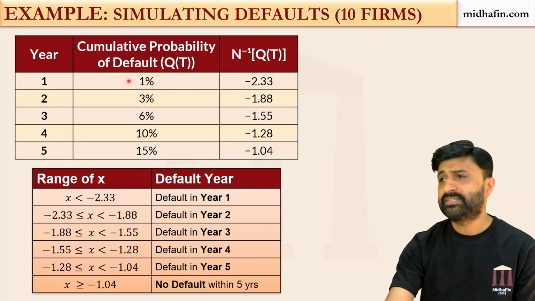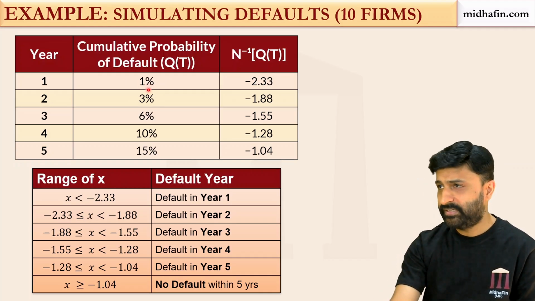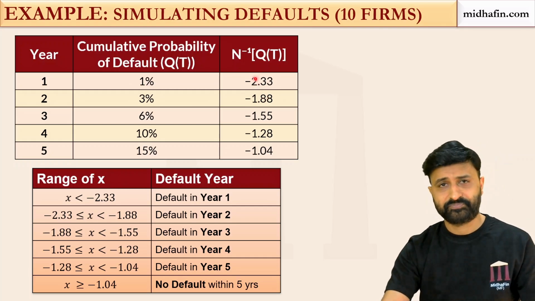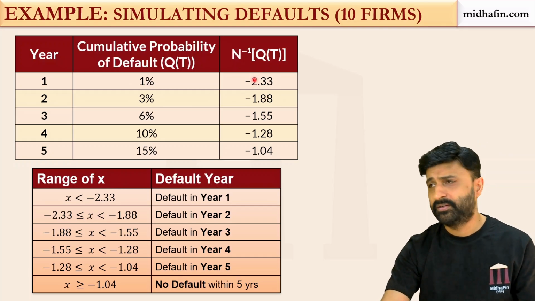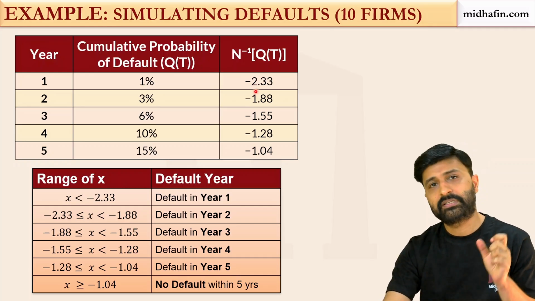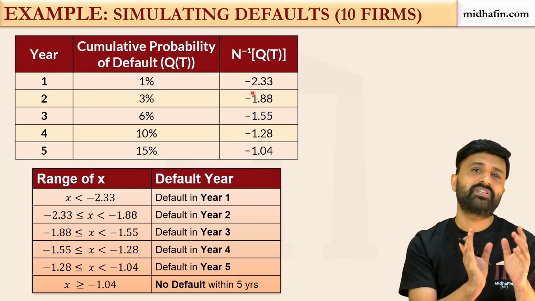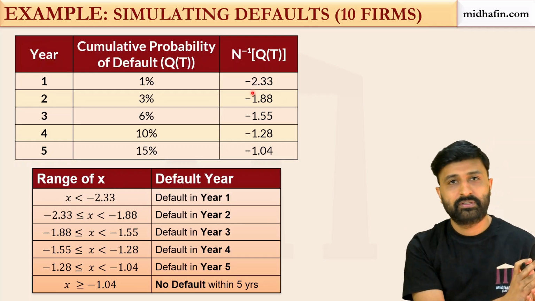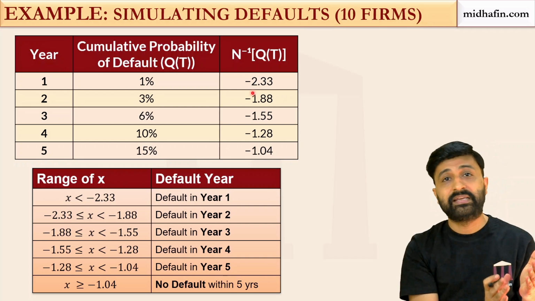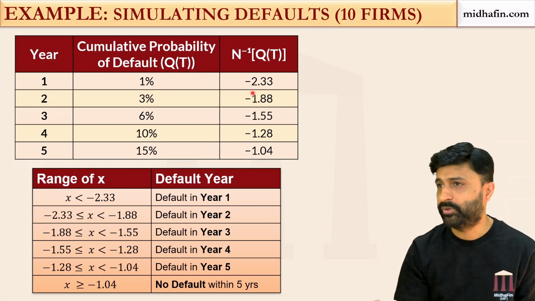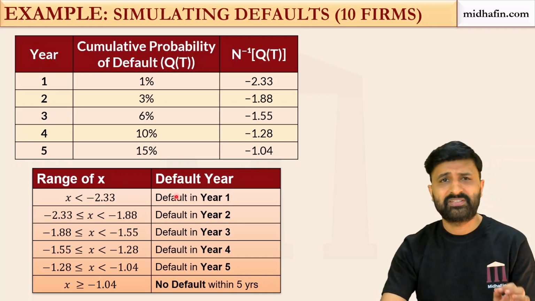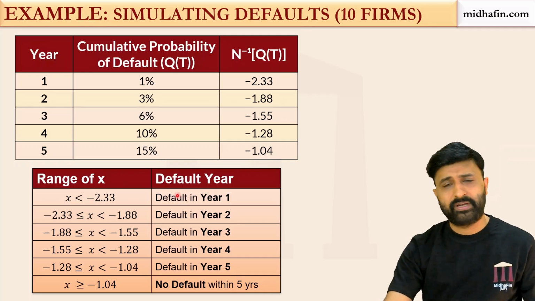You can see for 1%, of course, we know that N inverse of 0.01 is negative 2.33, because 1% of the observations lie to the left of the value negative 2.33 in a standard normal distribution. So this is the mapping which has been done, and we have built another table just for convenience so that you can understand it better.